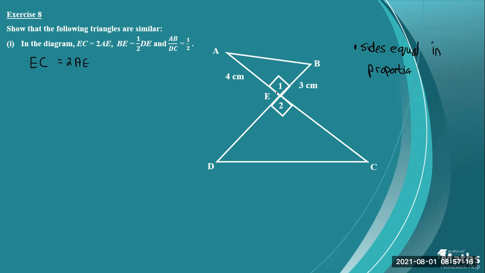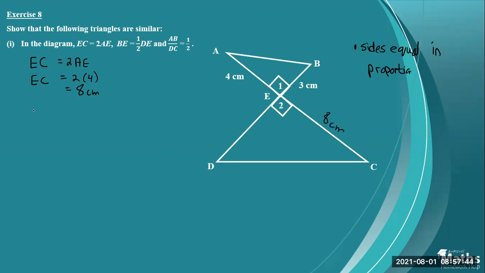No, we don't have EC, but we know that EC will be 2 times the length of AE. So EC will be equal to 2 times AE, and AE is 4 centimeters. So EC will be 8 centimeters.